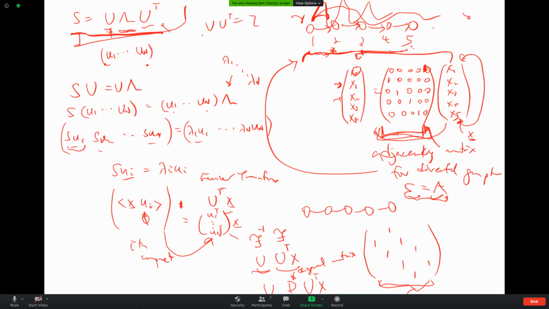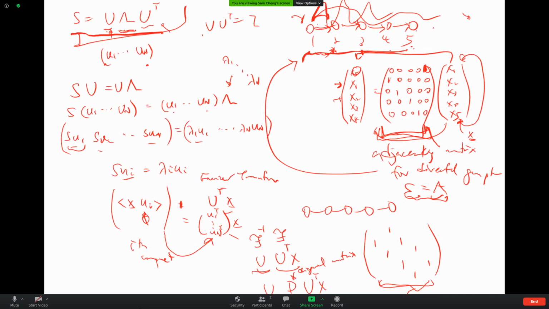But of course, in this case, there's no proof here of how this Fourier basis is supposed to look, because as I said, if this is a directed path, we know that the Fourier basis is sinusoidal signals.